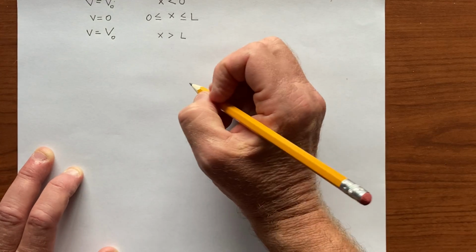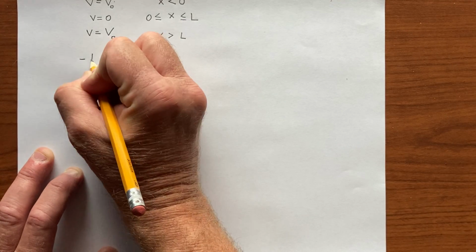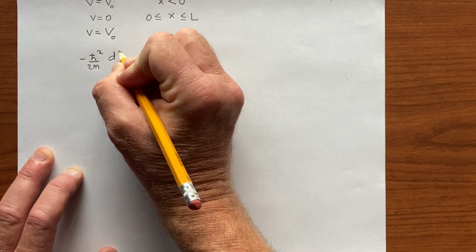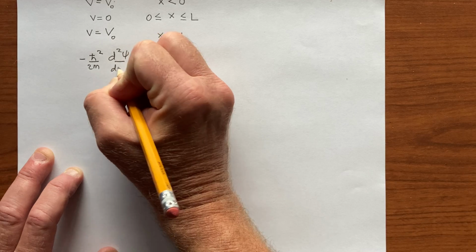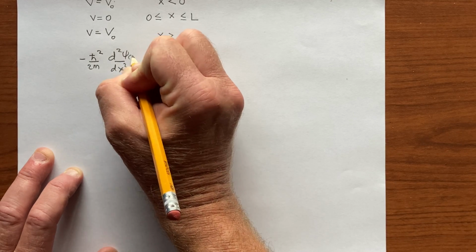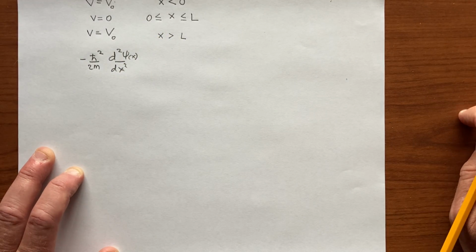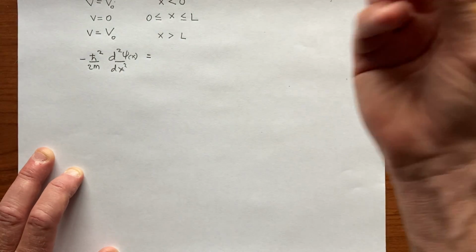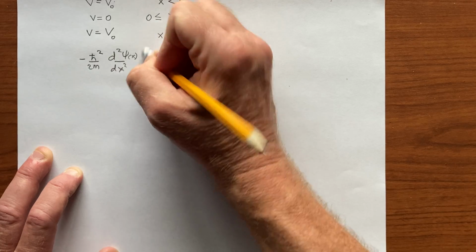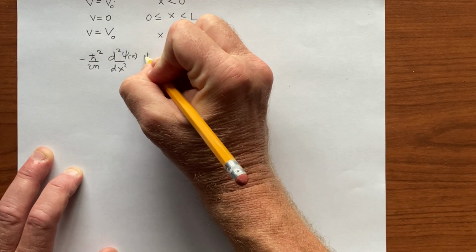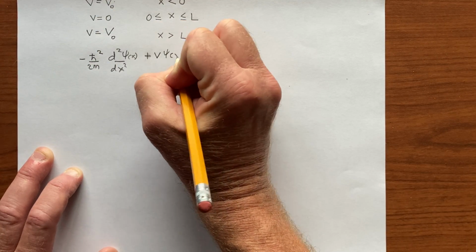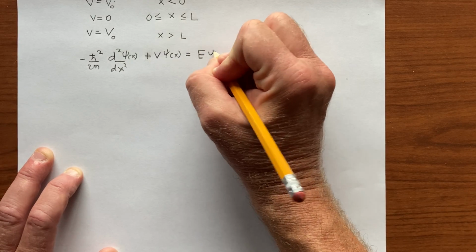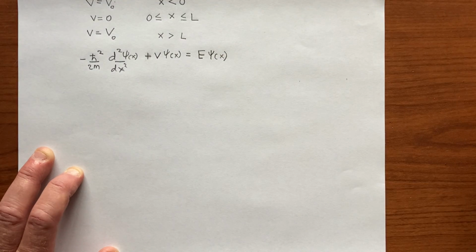And so let's look at the Schrodinger equation, right? The time-independent part of the Schrodinger equation, which looks like this, where this is the x part. This is equal to, we have a potential here, plus V psi of x is equal to the energy times psi of x.